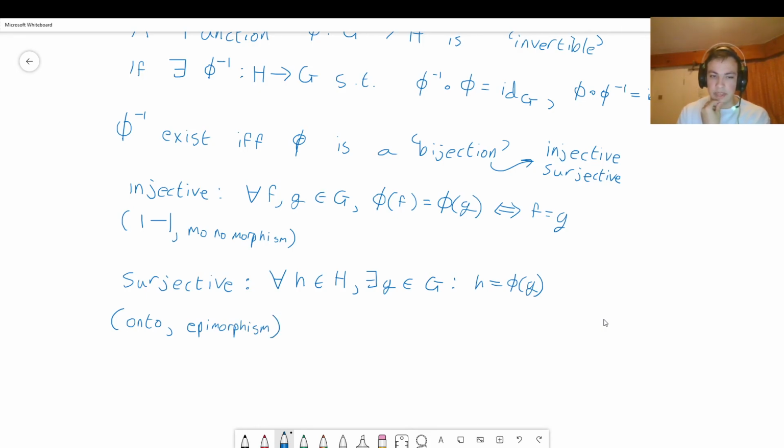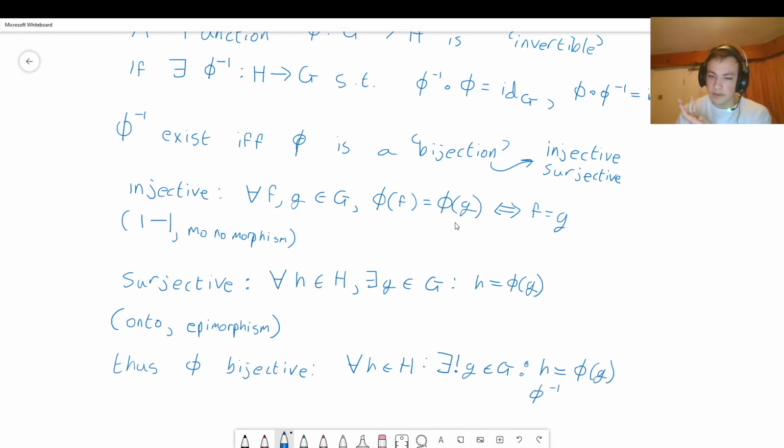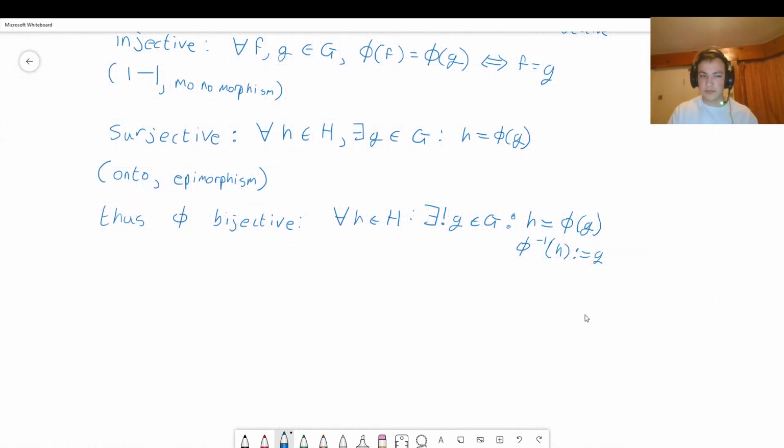Thus phi bijective means that for every h in H there exists a unique g in G, because obviously there is some g in G, but it has to be unique using the injective condition, such that h is phi of g, and so we simply define phi inverse of h to be equal to g. Okay, and that's an inverse map. You can check that this does indeed undo it.